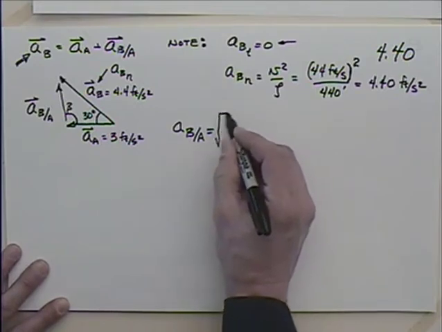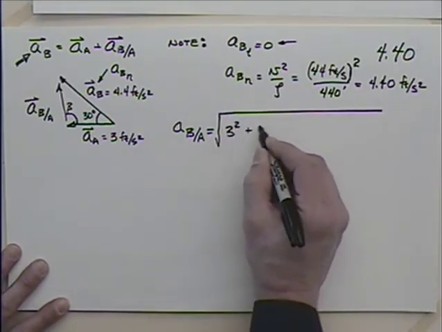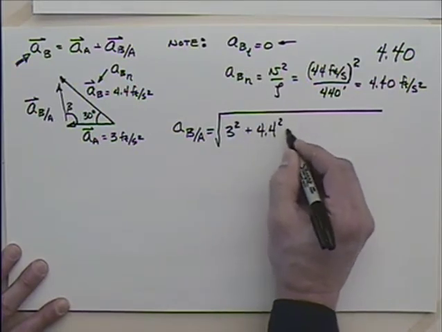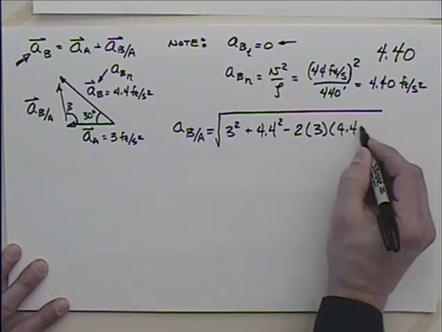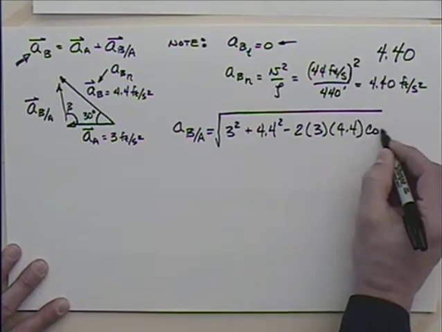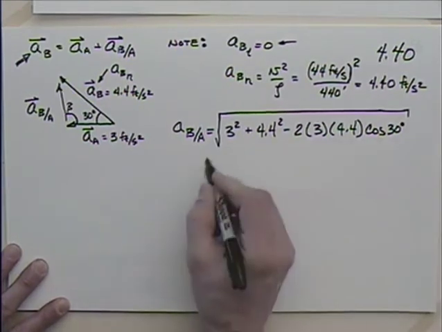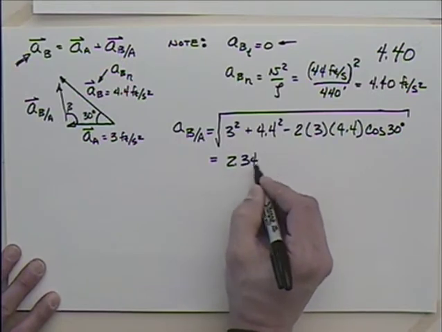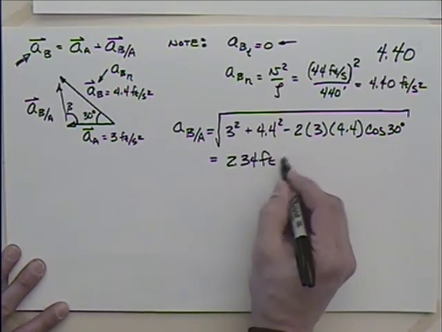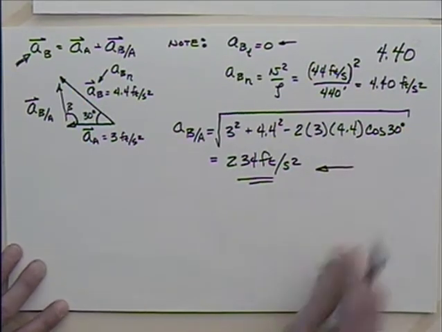That would be the square root of, using the law of cosines, 3 squared plus 4.4 squared minus 2 times 3 times 4.4 times the cosine of the included angle, 30 degrees. So this turns out to be equal to 2.34 feet per second squared. So that's the magnitude of the acceleration.